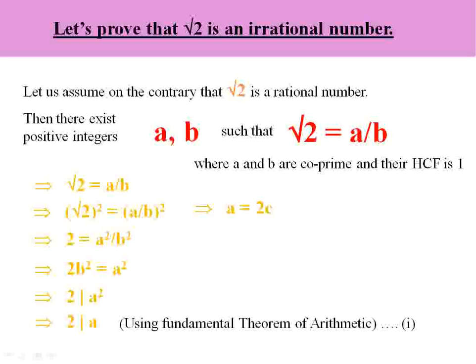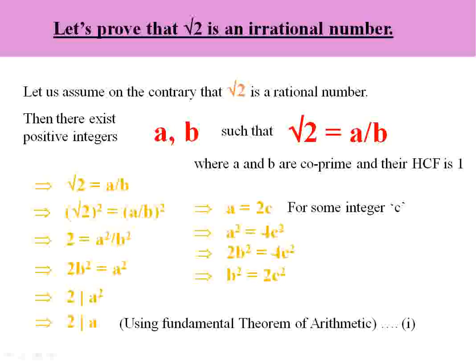Now if 2 completely divides a, that means a is equal to 2c for some value c. Squaring both sides, we get a square is equal to 4c square. A square is also equal to 2b square. So we can equate 2b square as 4c square.